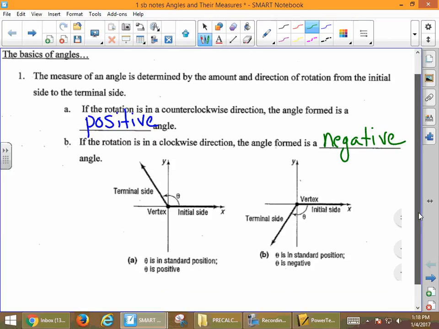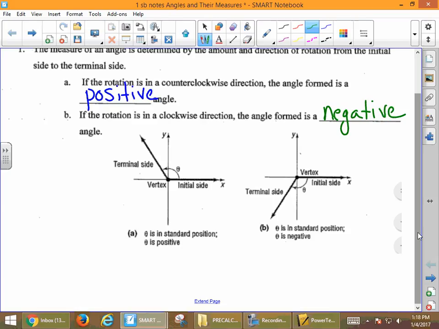So let's take a look at our two pictures here. First of all, notice the initial side of the angle is along the x-axis, and then the terminal side ends up over here in the second quadrant, and we're measuring. You can see by the arrow, we start and we measure over there.